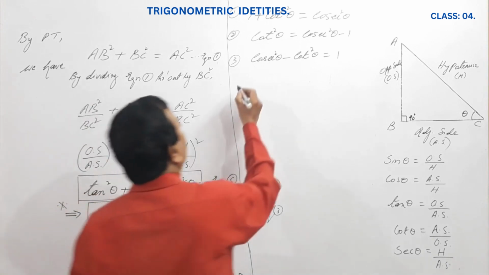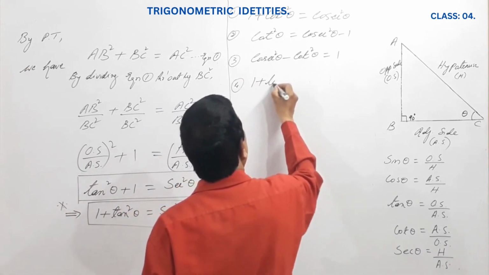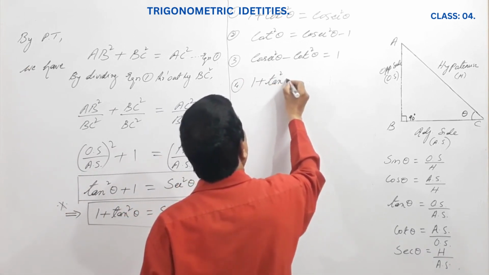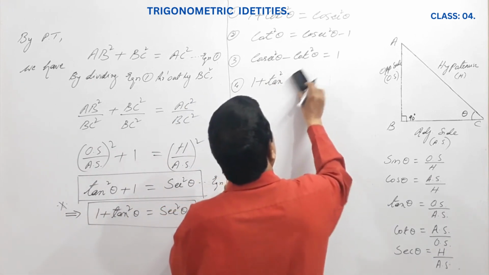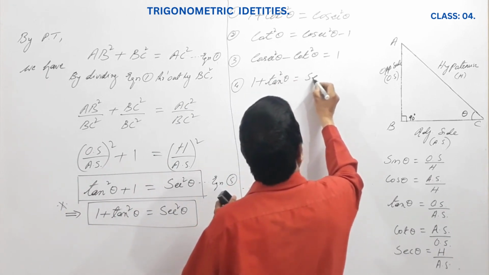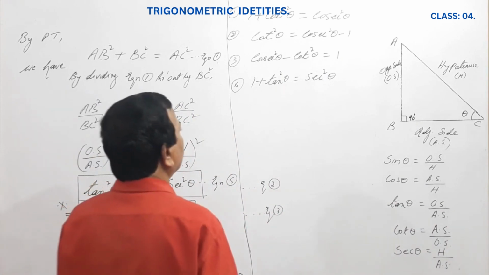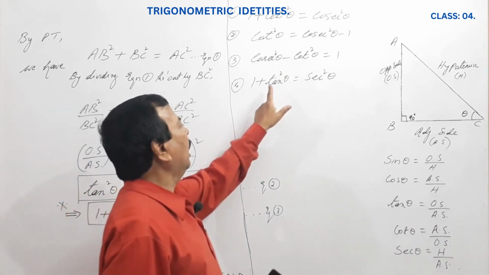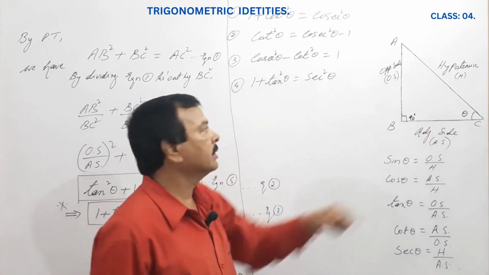So fourth is 1 plus tan square theta equals to secant square theta. So what I will do here, I will keep this tan square theta on the left hand side and transfer this one to the other side.